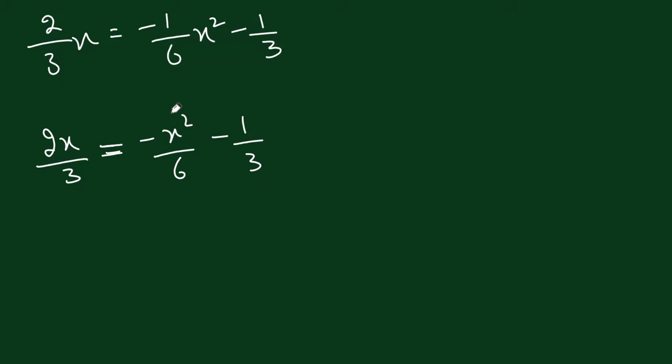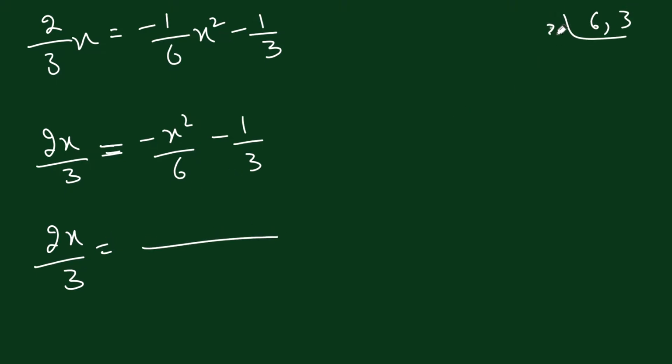So what you can do, you can take all the terms to the other side first, then simplify these denominators by taking LCM, or you can do it first in RHS, like 2x by 3 is equal to, if you see here, LCM of 6 and 3 comes 6 only. 6, what's the 6? It's 1. 3, what's the 2? 3 into what is 6? That's 2. So it comes minus x square into 1, minus x square, minus 1 into 2 is 2.